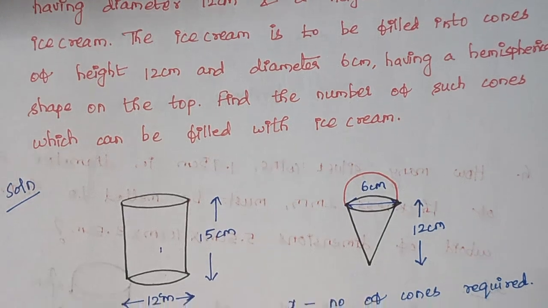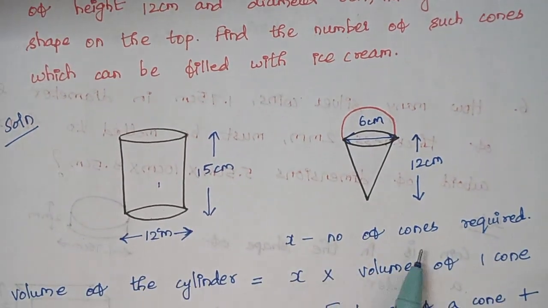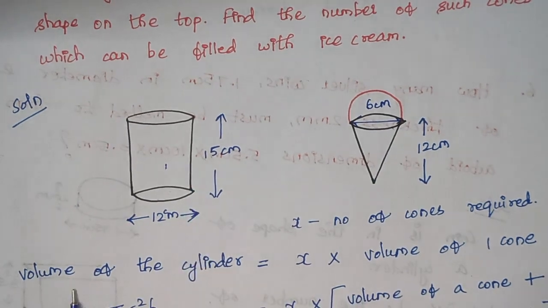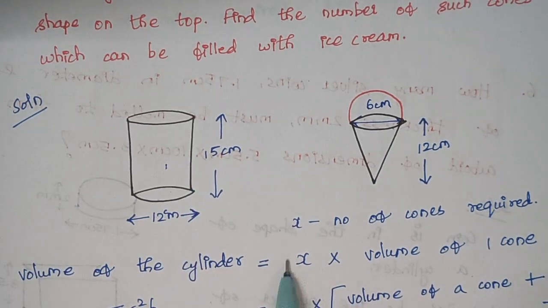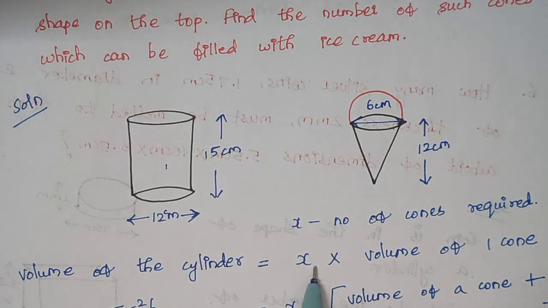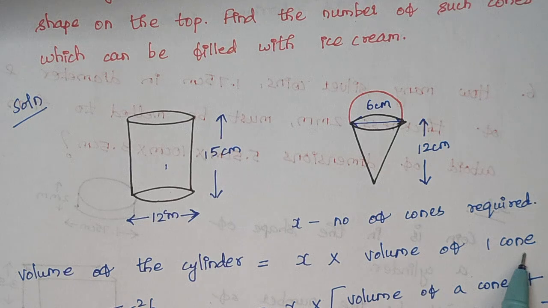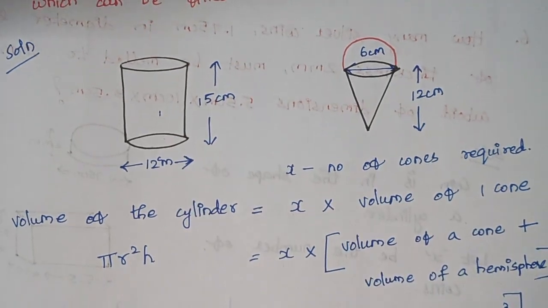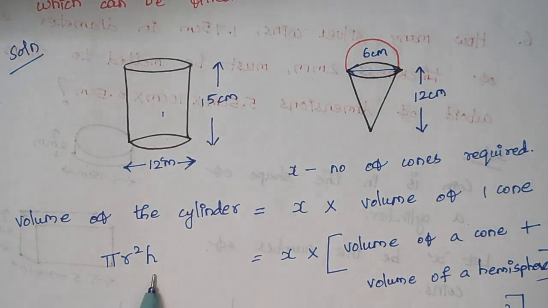So here let x be the number of cones required. So volume of the cylinder is equal to x into volume of one cone. Now the volume of the cylinder is given by the formula pi r square h.